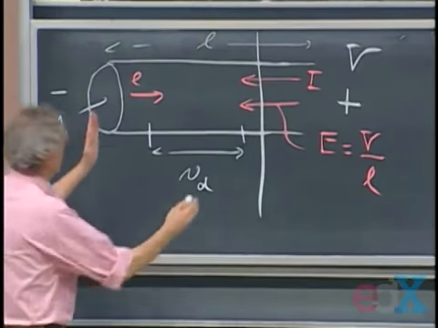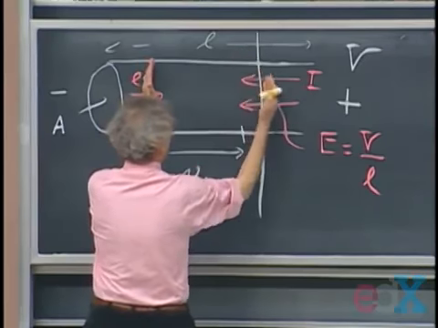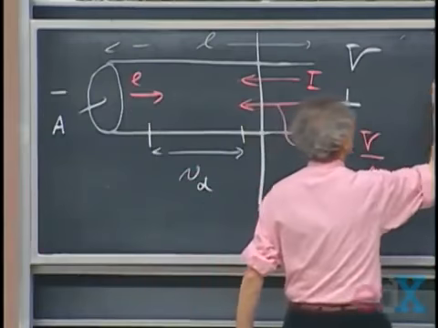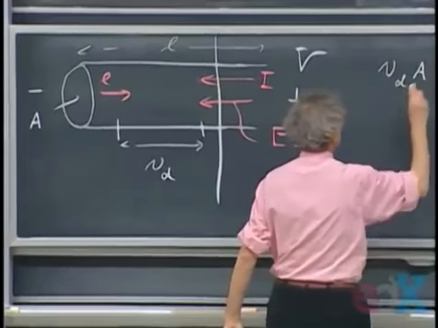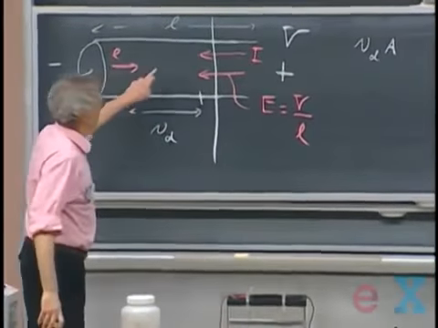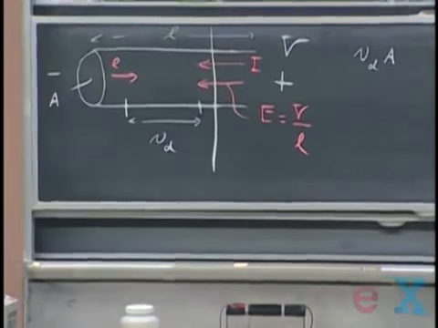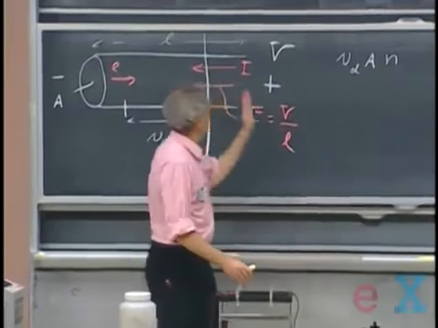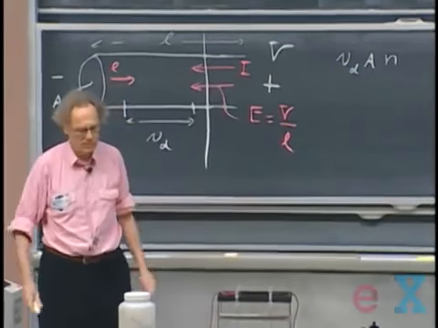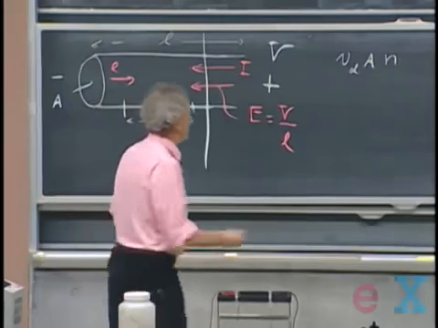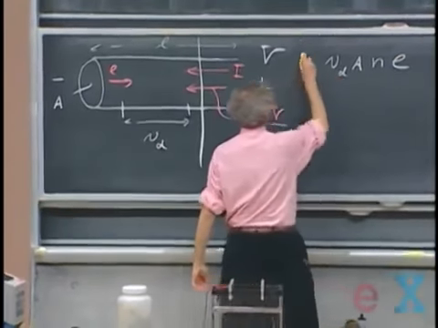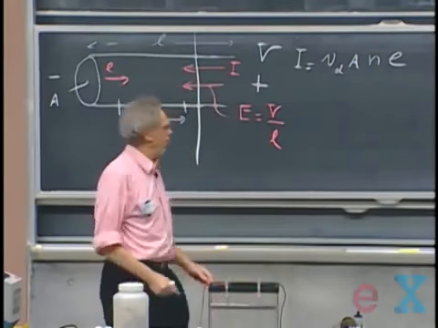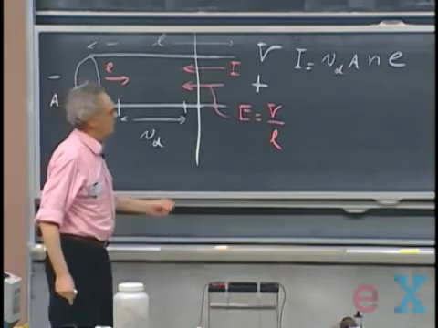In 1 second, the volume that passes through here is v_D times A. But the number of free electrons per cubic meter is called N. So this is now the number of free electrons that passes per second through any cross-section. And each electron has a charge e. And so this is the current that will flow. The current, of course, is in this direction, but that's a detail.